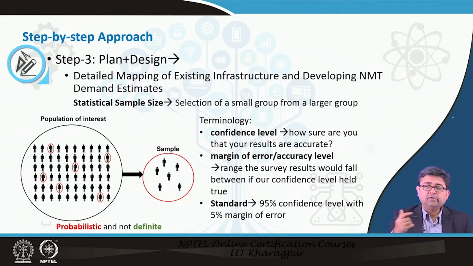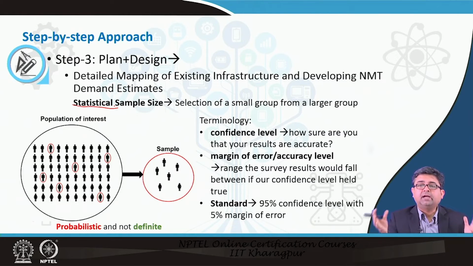So, what do we mean when we say sampling, right? A sample from a population is always a statistically significant sample size, right. If you use statistical formulas, that will tell you that if your population size is n, you may have to collect only 0.01% of n in order to have a sample size that is representative of your entire population.